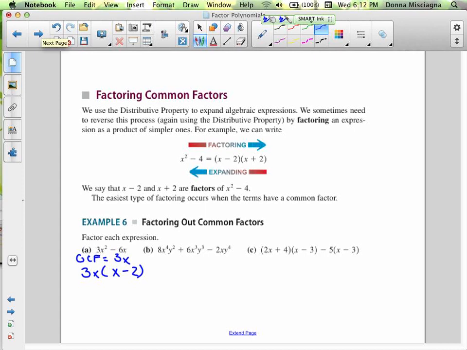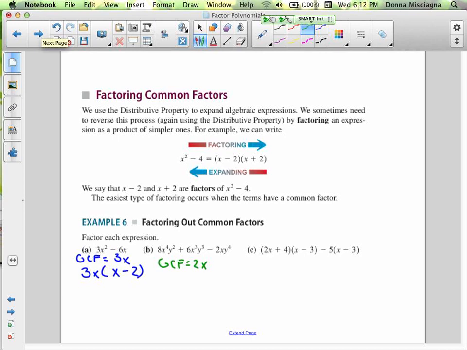How about the second one? All right, let's find our greatest common factor. Well, the coefficients are all even, right? 8, 6, and 2, those are even numbers. So our greatest common factor is going to have a 2 in it. Let's see. We have x to the fourth, x cubed, and x. All the terms have an x in it. The smallest exponent, though, is just x to the first.